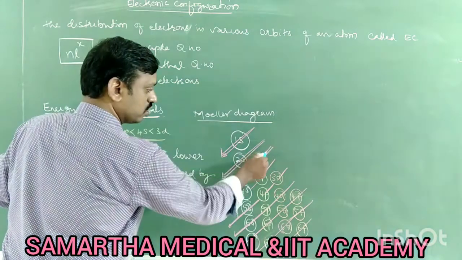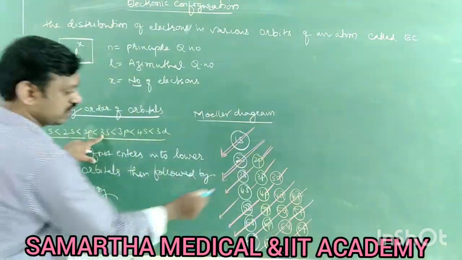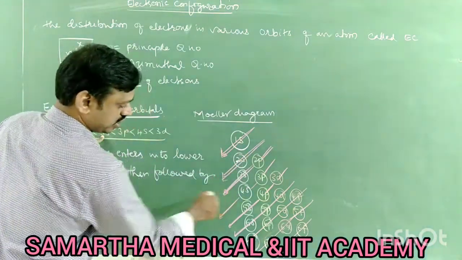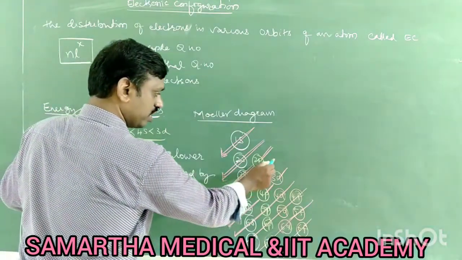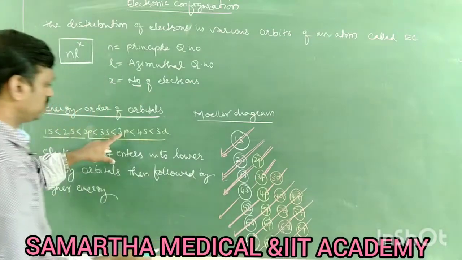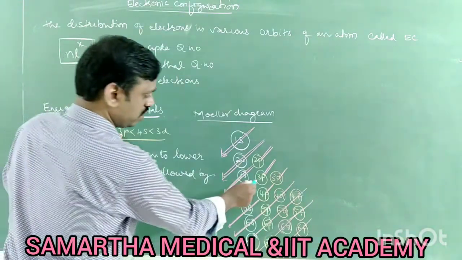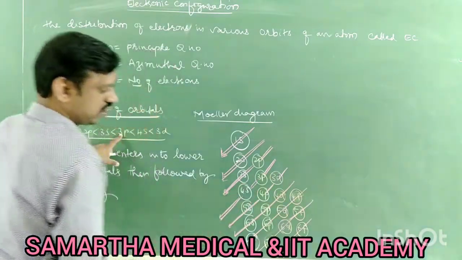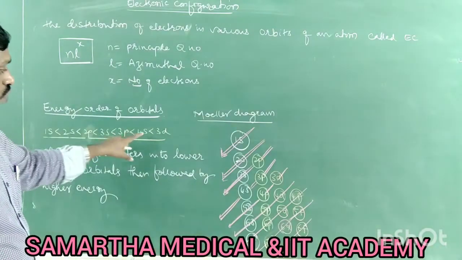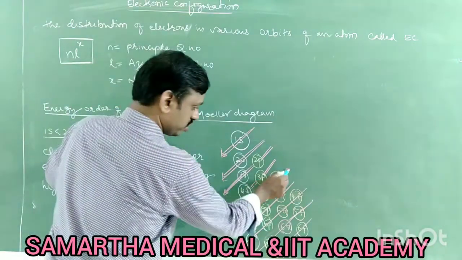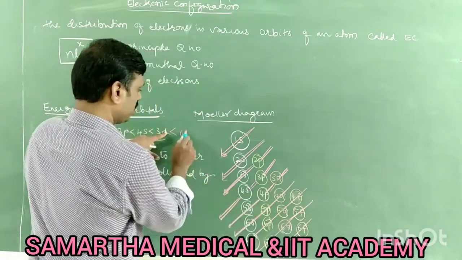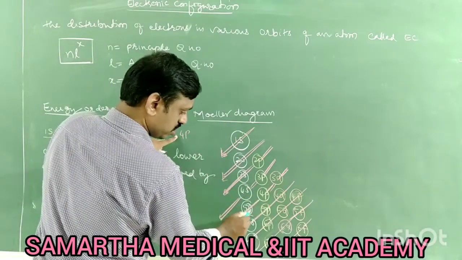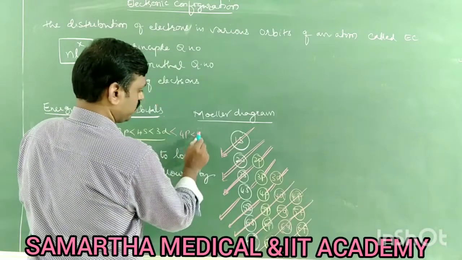After 2p, it is 3s. After 3s, electron enters into 3p. After 3p, 4s. After 4s, 3d. After 3d, electron enters into 4p. After 4p, electron enters into 5s.